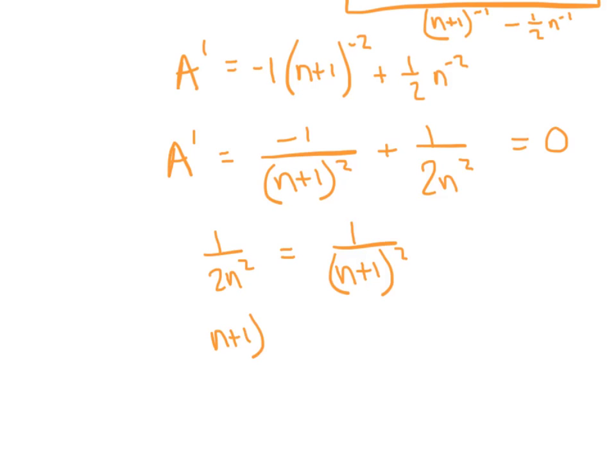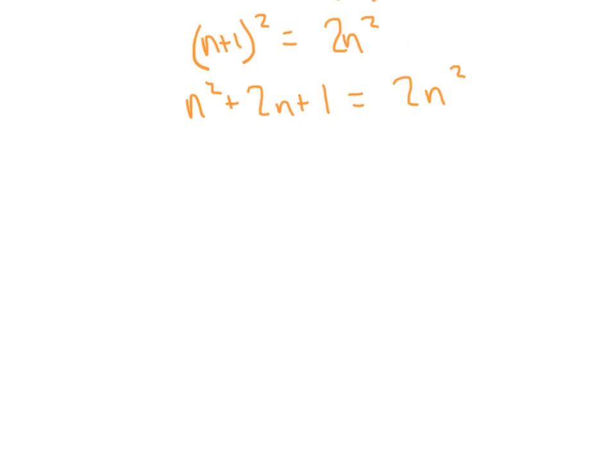We could cross multiply, or we could just reciprocate both sides because there's only one fraction on each side. Really no calculus left in the problem from here on out. It feels like we've been transported back to Algebra 2 trig here. So if I subtract that over, I get 1n squared minus 2n minus 1.